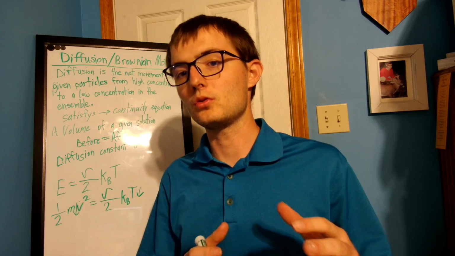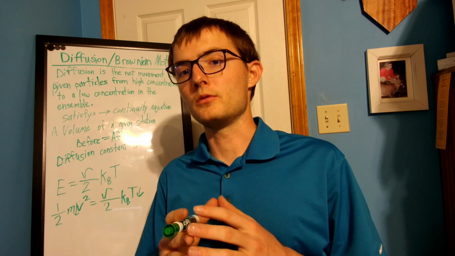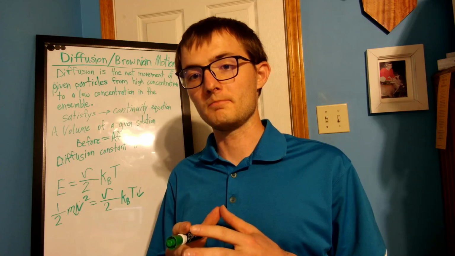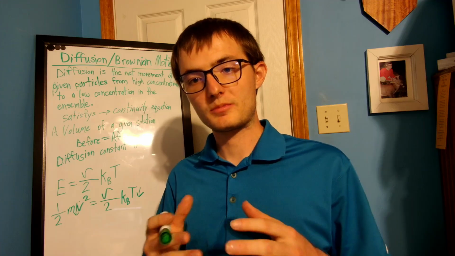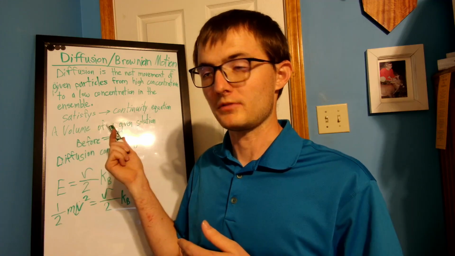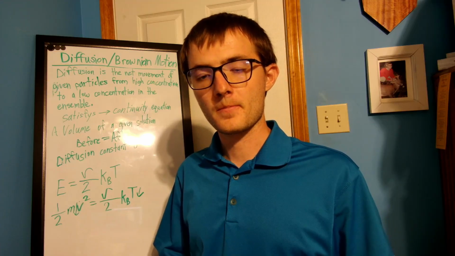They're going to be much colder, but they all want to reach equilibrium because they want to fill in that low pressure spot, because again, that's what diffusion is. It's high concentration to low concentration.